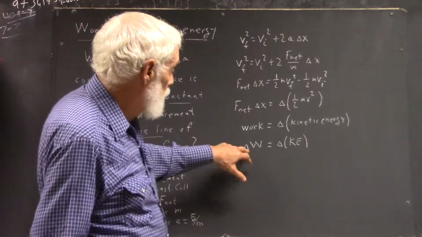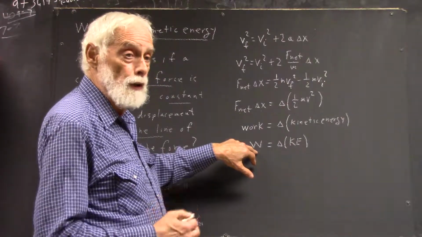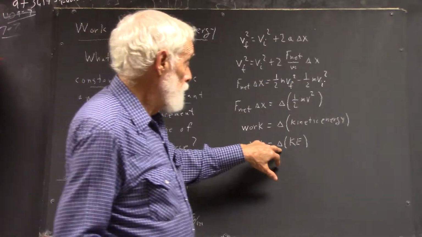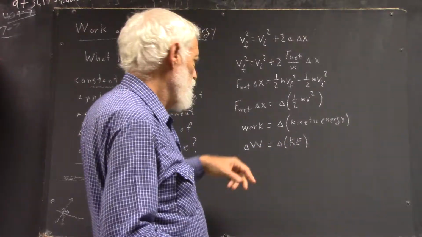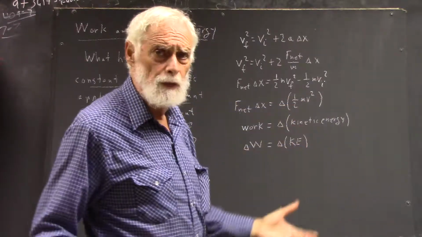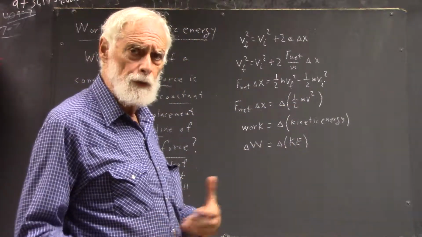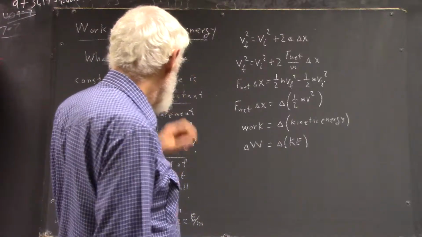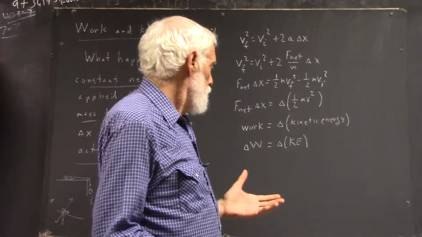So I want to remind us of the fact that this is a work done on some interval. And that's then the change of kinetic energy on the interval. Now, more standard notation, just K, but I'm using KE to remind us what K means. Not everybody is good at remembering what symbols mean. So, okay, anyhow, that's what this says, okay?